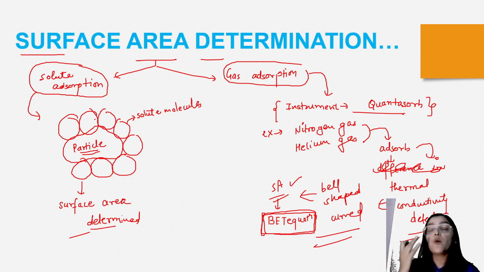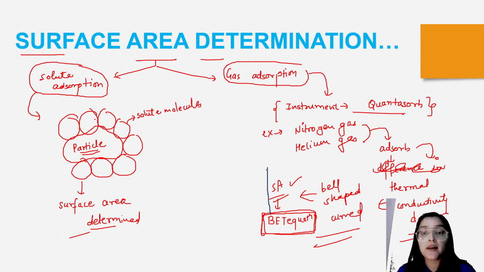That is, in 1 gram of the powder particle, how much volume of gas is adsorbed at a particular pressure. This is given by the BET equation. So here I am writing the BET equation, again a 5-star topic. I have labeled it as a 5-star.